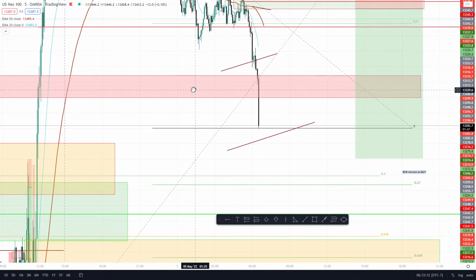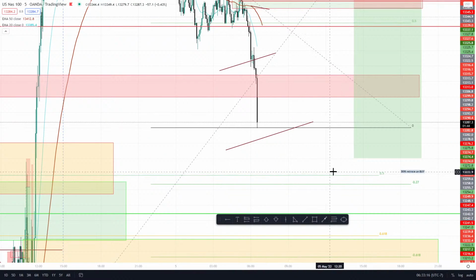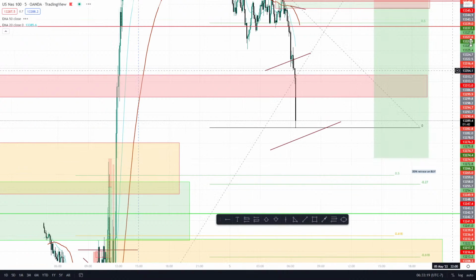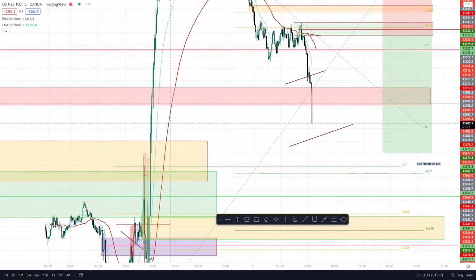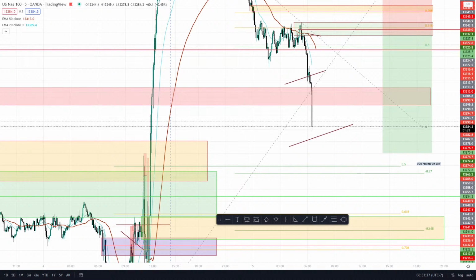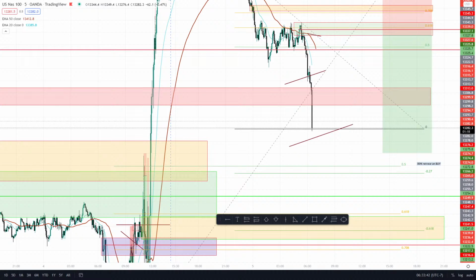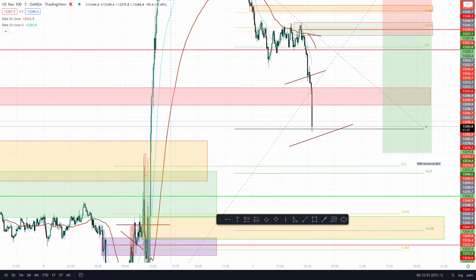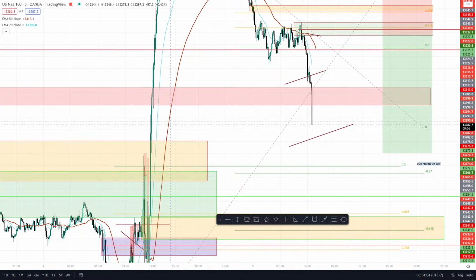So now this is a 50% buy area right here, right? We got that coming up. I mean, usually we see some type of retracement, but we'll see now.